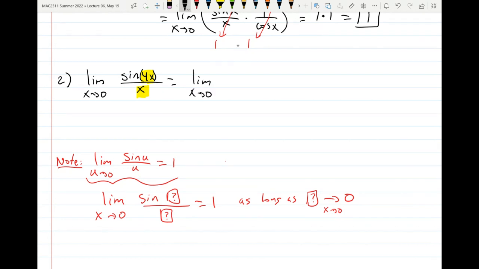So what do you need? We need to have a 4x down here. So this is what we had so far. So I need a 4. Okay, I'm going to put it. But remember, if you multiply the bottom by 4, you have to multiply the top by 4. Okay? So let me put it here, the top. So times 4.